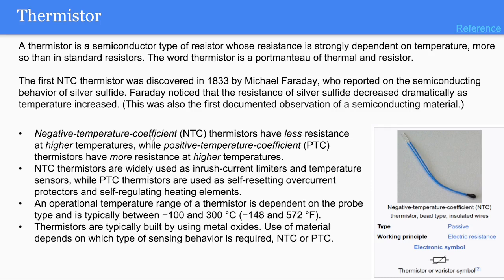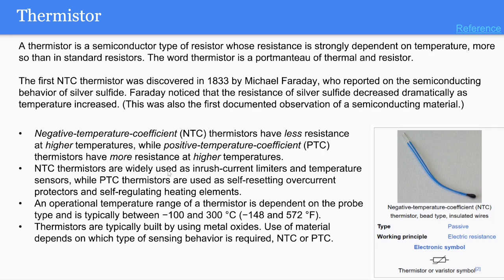So negative temperature coefficient, NTC, as I mentioned here, is a temperature sensor where, by increasing temperature, the resistance decreases. Thermistors have less resistance at high temperatures, while positive temperature coefficients, the reverse of NTC, have more resistance at high temperatures.